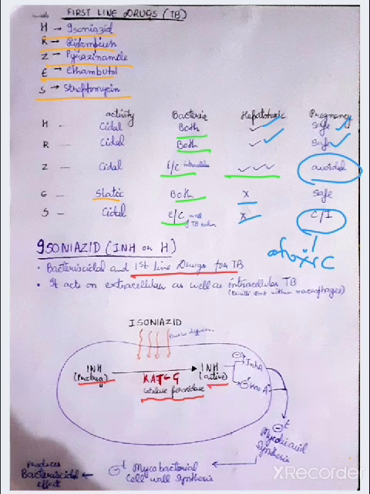So isoniazid becomes active in the presence of catalase peroxidase, which is KatG. The active isoniazid inhibits two genes, InhA and KasA, which further inhibit mycolic acid synthesis. So it inhibits mycobacterial cell wall synthesis and produces a bactericidal effect.